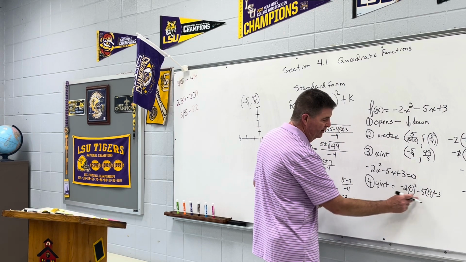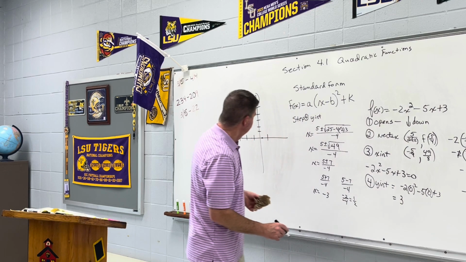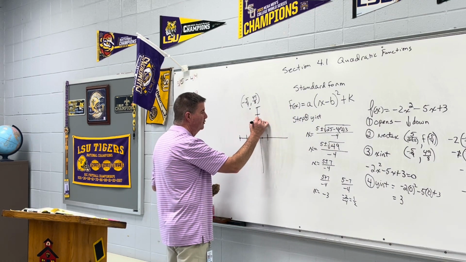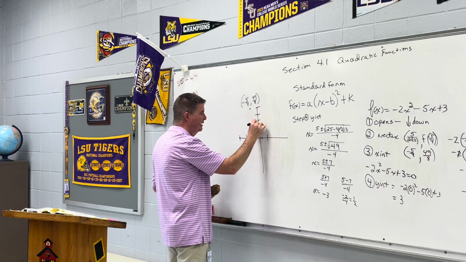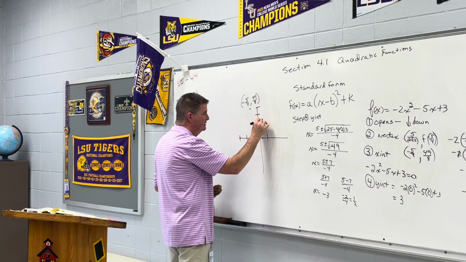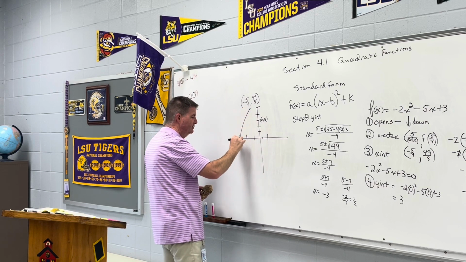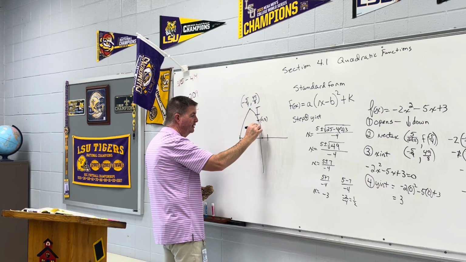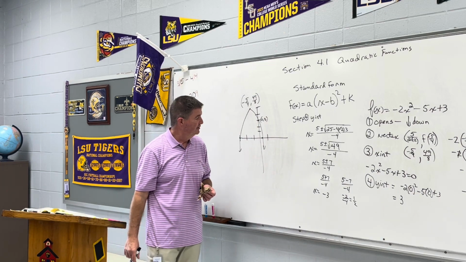These two both go away. 3 is the y-intercept. So at 3, we're crossing the y-axis. I know this is not really 3 because I didn't go all the way up to where I should have, but we'll call that (0, 3). And therefore, this is us graphing the parabola.